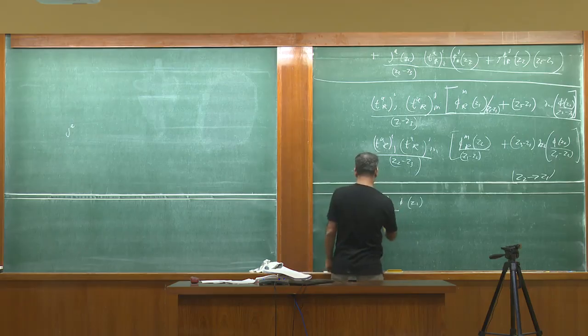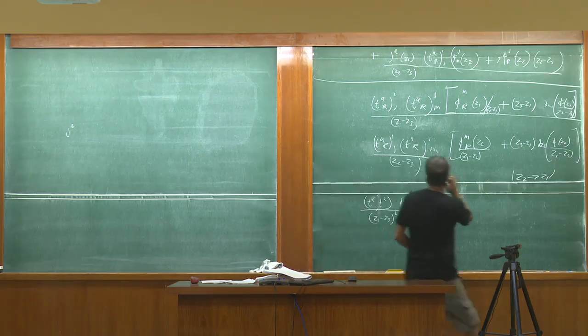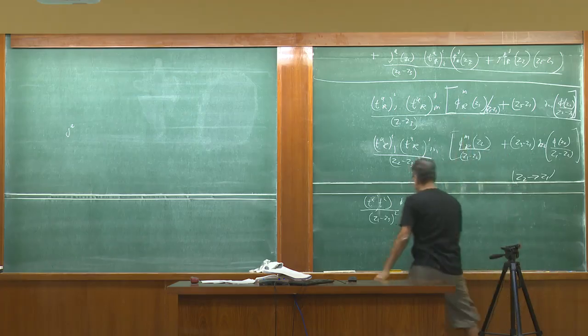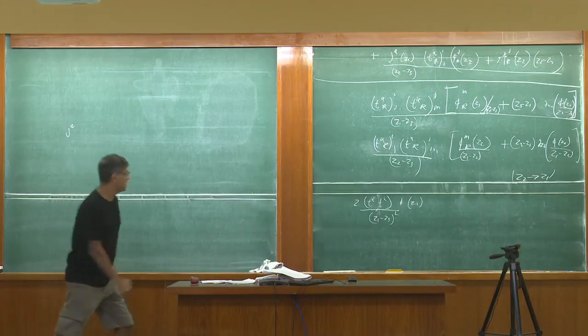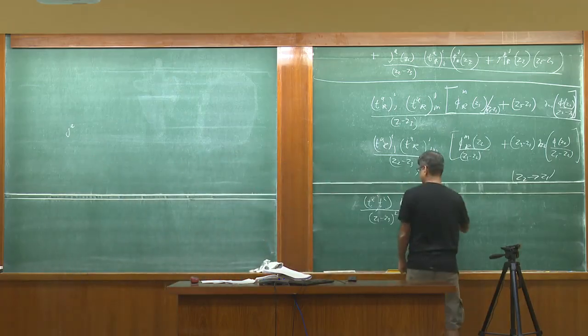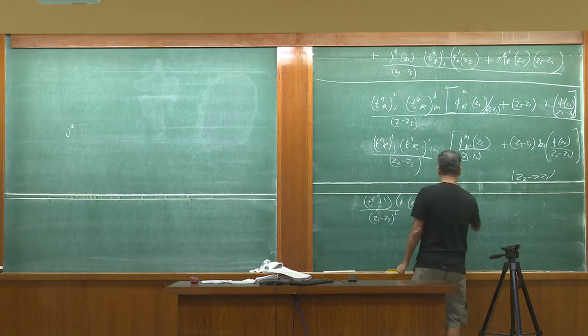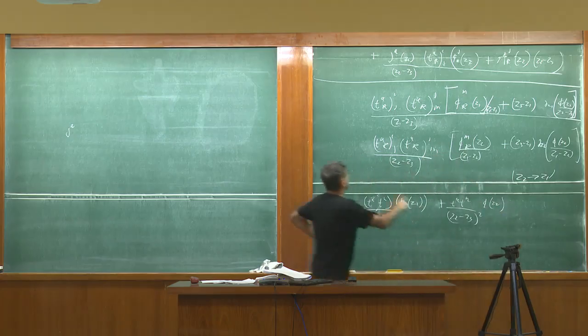Okay, we have Z1 minus Z3, the whole thing squared. I'm just taking the most singular term. So we have this guy and a similar term on the other side, plus TA by Z2 minus Z3, the whole thing squared, phi of Z2. Is this correct that this is one of the terms?